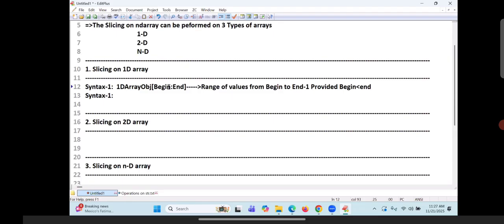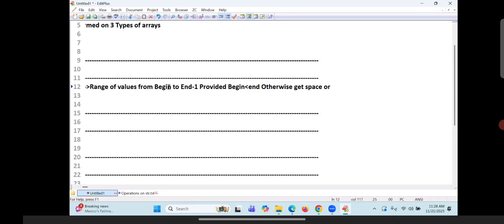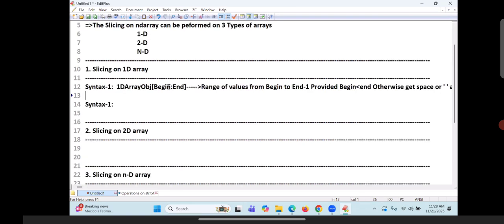Begin must be less than end. Otherwise, we get space, an empty result. Today it is very easy. Fine. So I'm going to show you this.